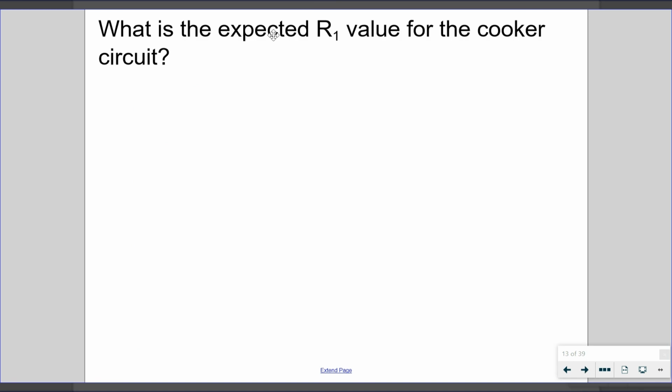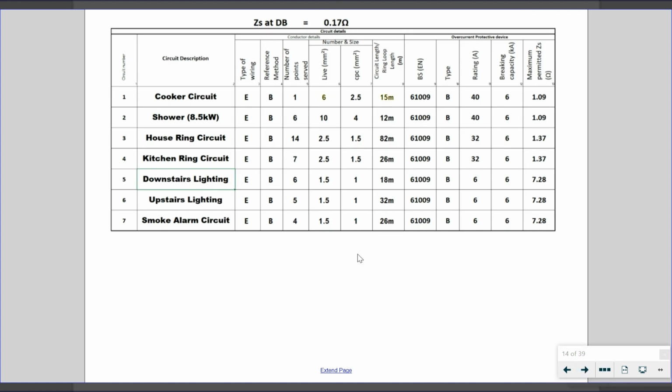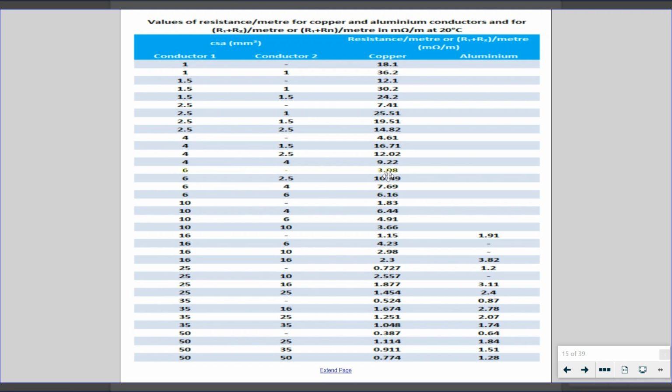A follow-up question from that might be, what's the expected R1 value for the cooker circuit? So if you're doing a wandering lead test, this time rather than on the CPC, this time on the live conductors, so on the line conductor here, you see it's a 6 millimetre squared conductor, again the same 15 metres in length. We go back into Appendix I or Appendix B in the On-Site Guide and Guidance Note 3 respectively, and we look at the 6 millimetre squared conductor.